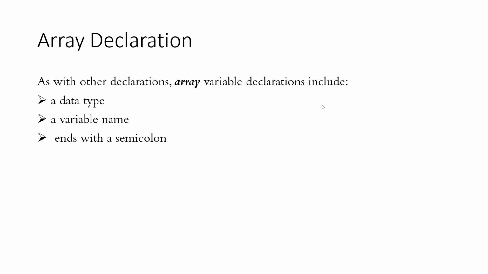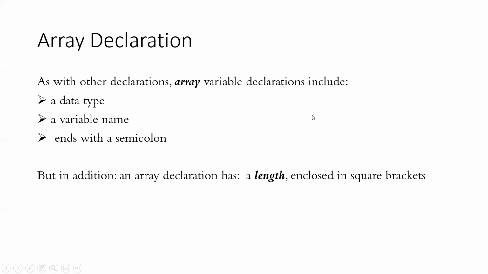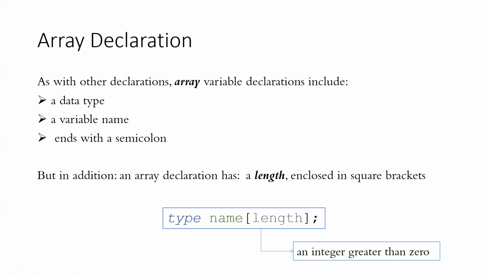In addition, an array declaration also has a length, which is enclosed in square brackets. The length refers to the number of elements in the array, right? So here's the formal syntax of array declaration.